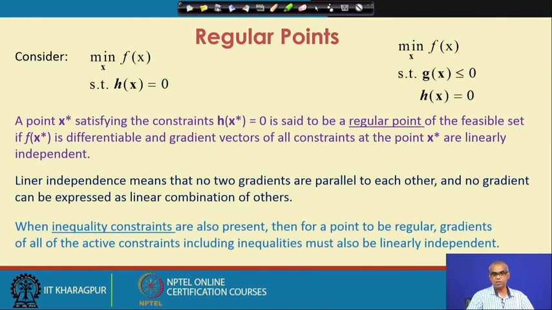Now, let us consider that with this equality constraint I also have inequality constraints. So, when inequality constraints are also present, then for a point to be regular, the gradients of all the active constraints including inequalities must also be linearly independent. So, for a general problem where you have both equality and inequality constraints, the regular point is a feasible point where the gradient vectors of all active constraints are linearly independent.